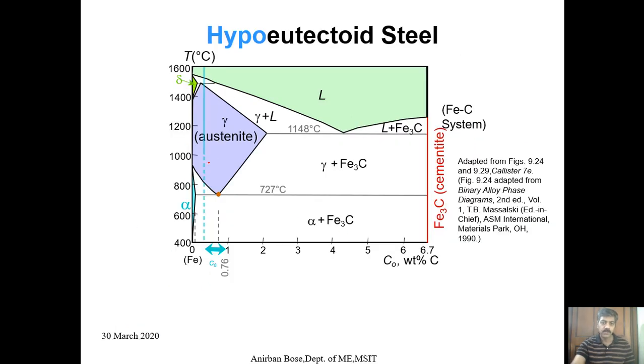Now if it is hypo-eutectoid steel, hypo means the composition is less than the eutectoid composition, that means less than 0.76% carbon. So in that case, how does the microstructure change? Here it is austenite, very simple. Now gradually when it crosses this line, you will find the solidification has started.